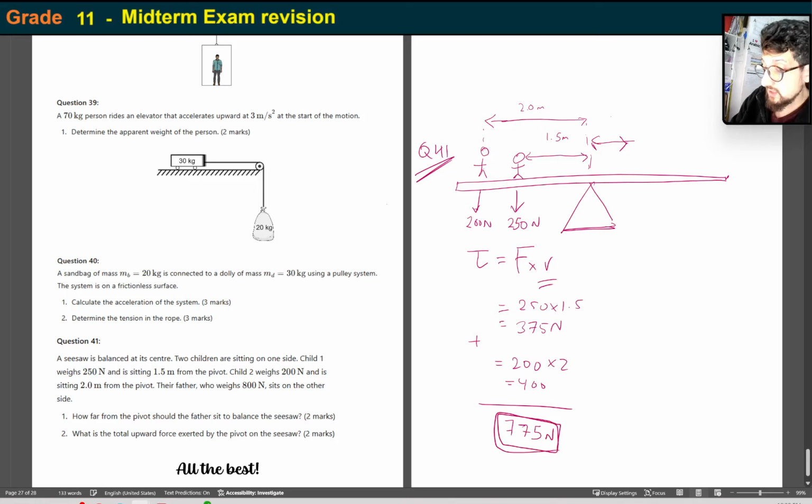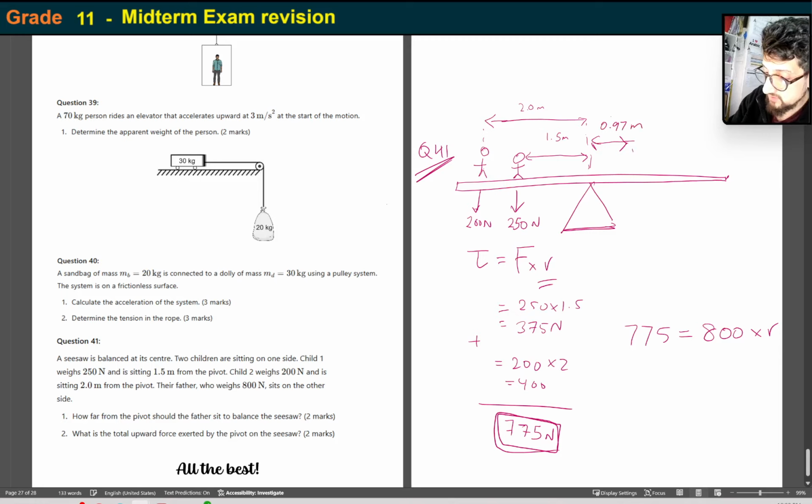What about the right-hand side? The right-hand side is going to equal the same. So 775 is equivalent to 800 multiplied by R. So it's not 70, it's about 90 centimeters. 775 divided by 800 equals 0.97 meters.